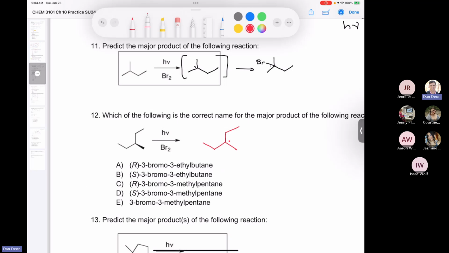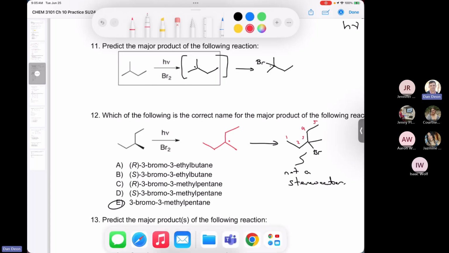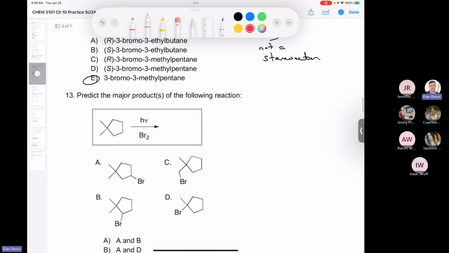So we're just going to end up with something that looks like this, where we have our bromine and our methyl group. And again, this is not a stereocenter. So obviously the answer has to be the only one that doesn't say RRS. It's 3-bromo-3-methylpentane. That's all it is, right? You number 1, 2, 3, 4, 5. 3-bromo-3-methylpentane.